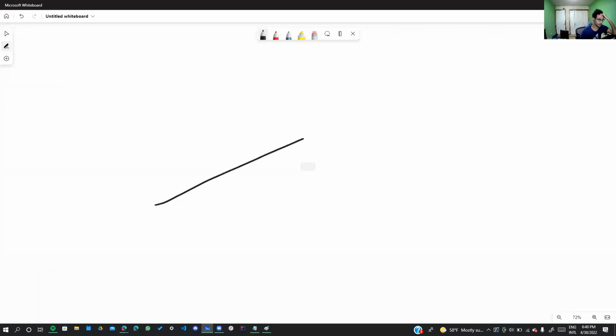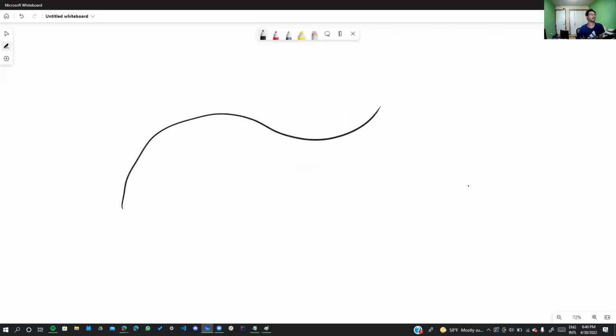So over here, let's just say straight lines are pretty useless. Let's say we have a random curve, right?